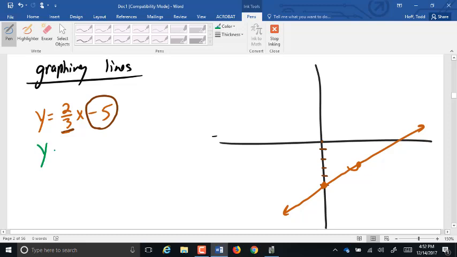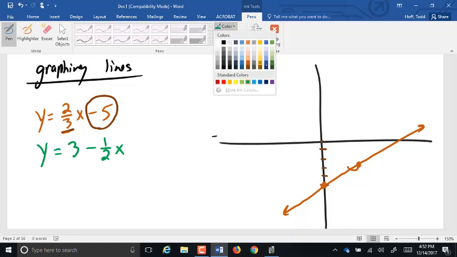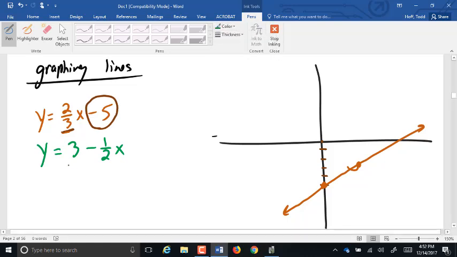I might give you y equals 3 minus 1/2 x. The 3 is our starting point. Remember, the number multiplying x is always the slope. That's the last piece we use. That's a +3, so from our center, we count up 1, 2, 3. That is the first point of our line.